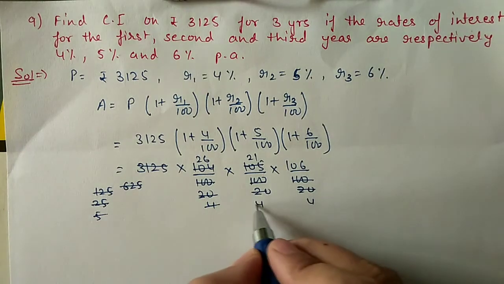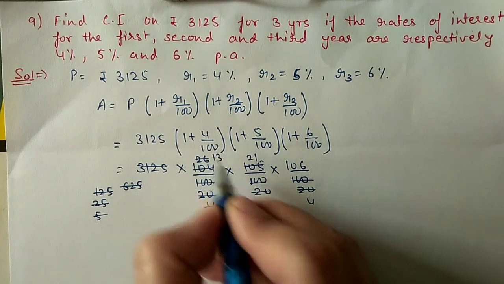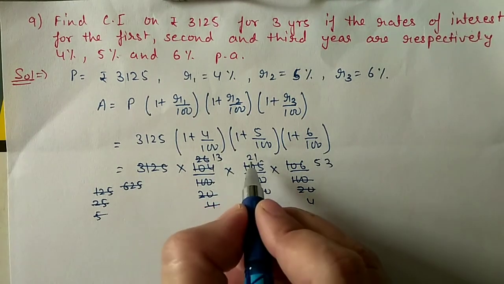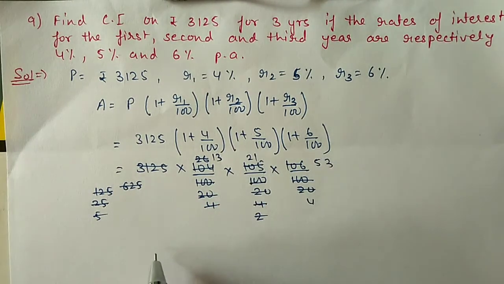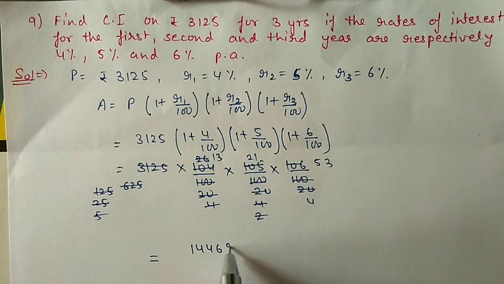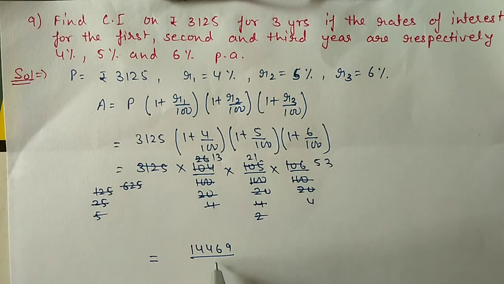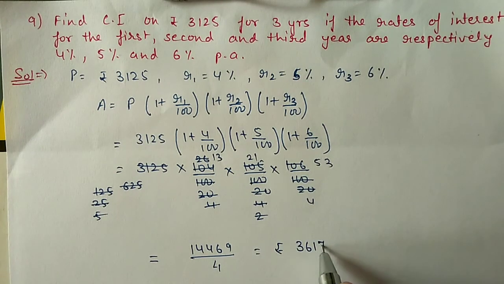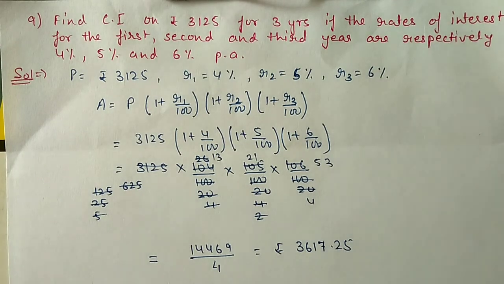More we can cancel out: 2 and 2, 2 and 13, and 25 and 3. Now 13, 21, 53 we will multiply. After multiplication we will get 14469 and in the denominator we have 4, and after division 3617.25. This is the amount which we got.